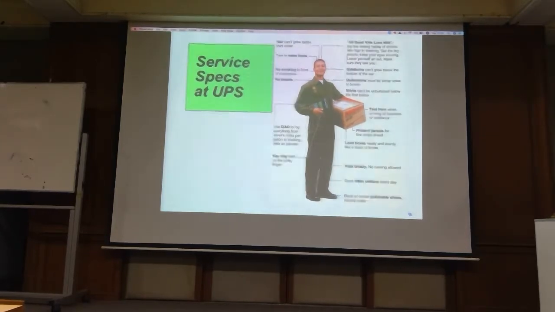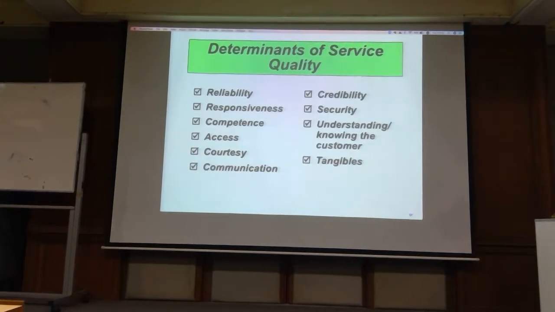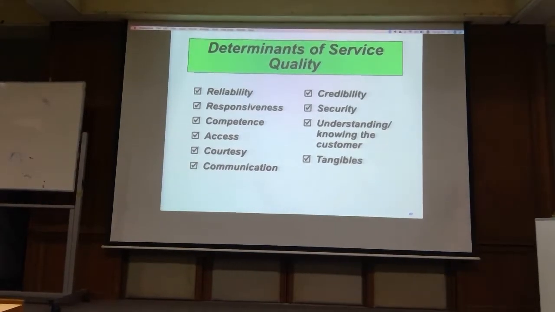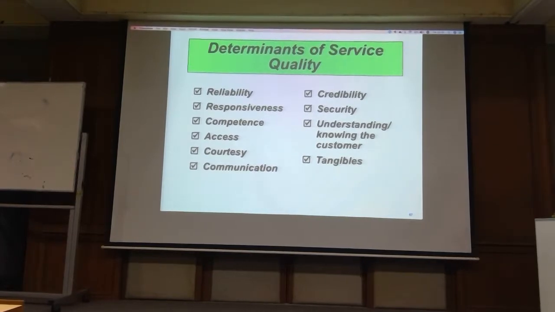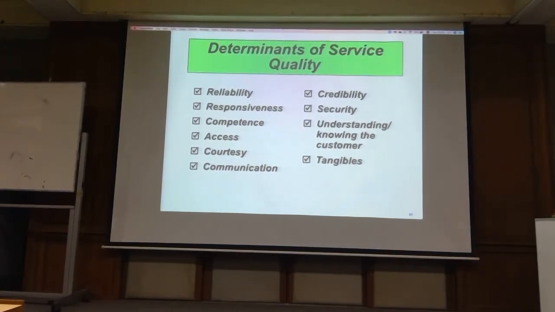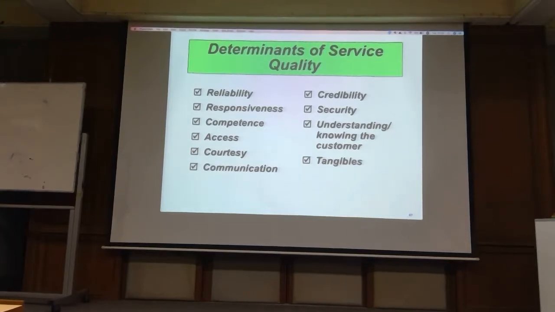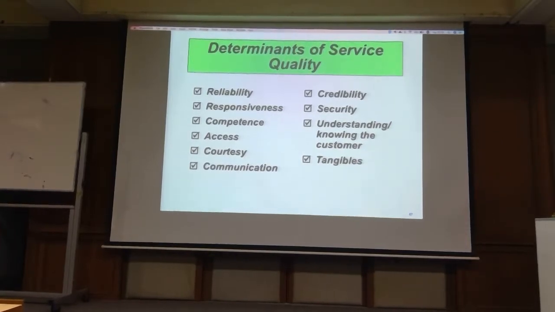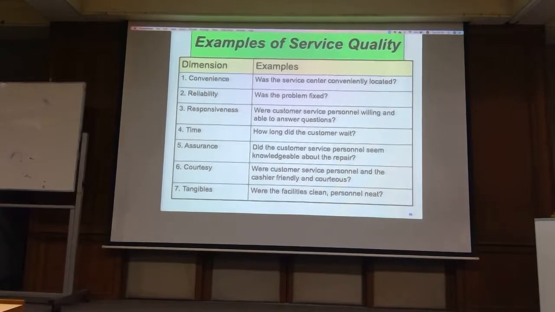Lastly, this is a list of determinants of service quality. We can think in terms of access: how easily the customer can access your service. Communication, credibility, which is about caring for quality, understanding and knowing the customer, and security.